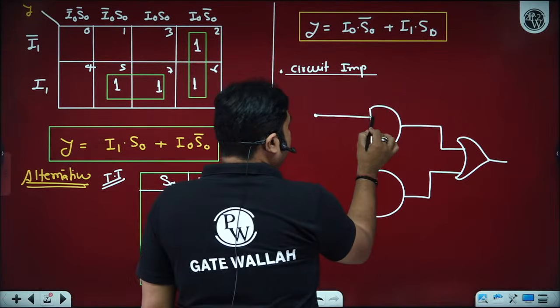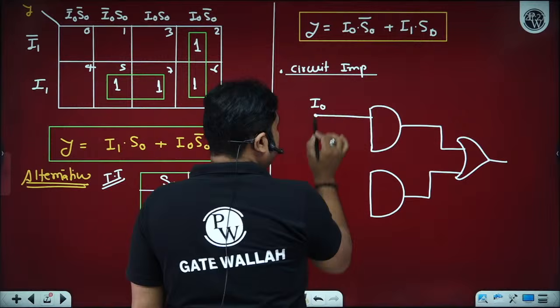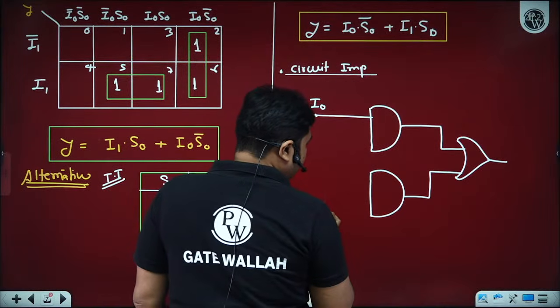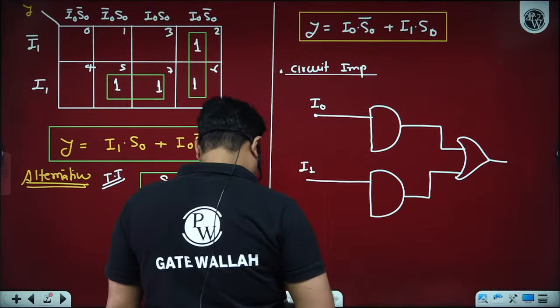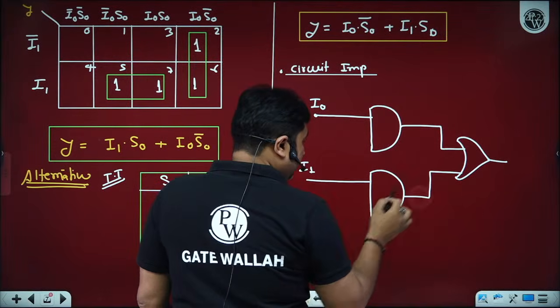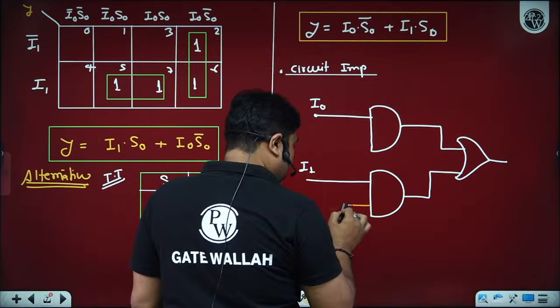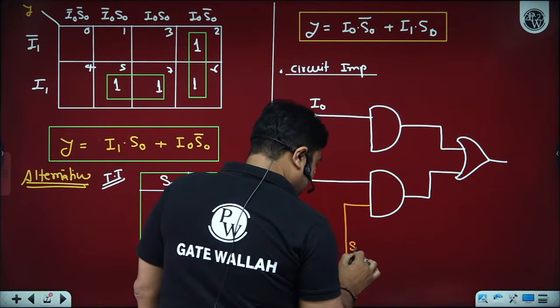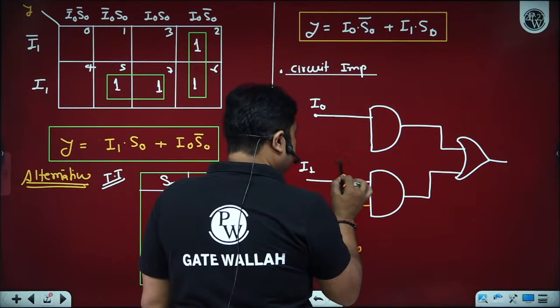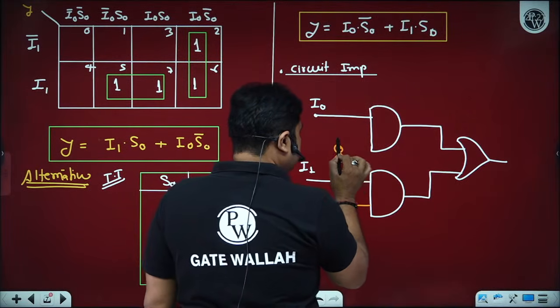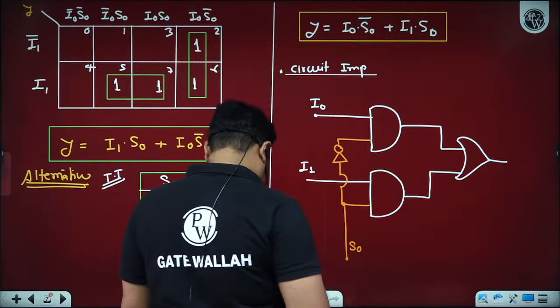We have one pin as the I0 pin and one pin as the I1 pin. And we have S0 and S0 complement, select 0 and select 0 complement.